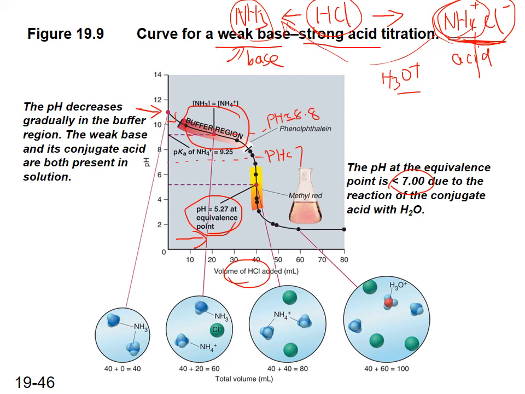If it's a weak base, strong acid titration, then the pH at the equivalence point is lower than 7, in this case 5.27. And a good indicator is methyl red, which has a color change from a pH of about 3 to a pH of about 7.